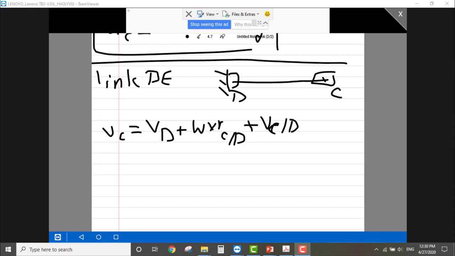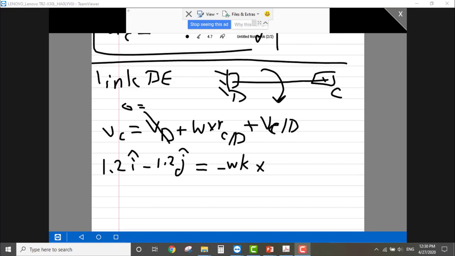Now VC, we could find it in the previous solution, which is 1.2 in the positive I direction minus 1.2 in the negative J direction, and this is equal to VD, which is fixed, so it is 0, plus omega, which we will assume rotates clockwise, so minus omega K direction cross product.